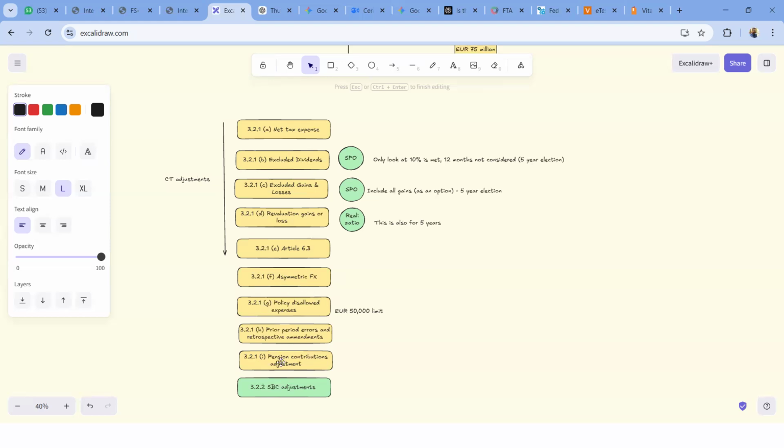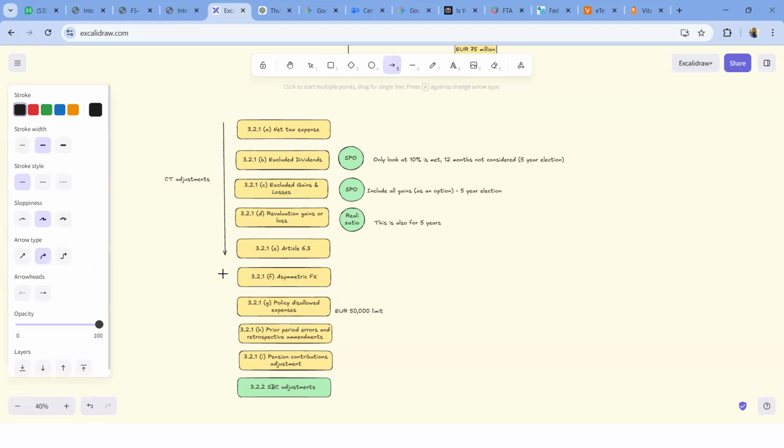Now from F to I, even this is a CT adjustment. Policy disallowed. But F to I are IFRS disallowed: asymmetric FX, pension contribution, and stock based compensation.